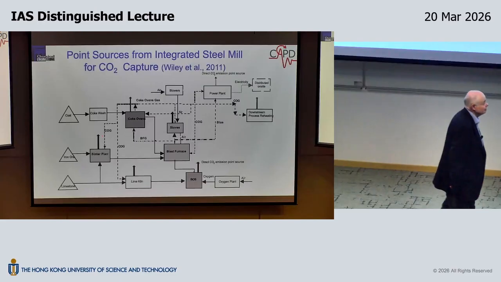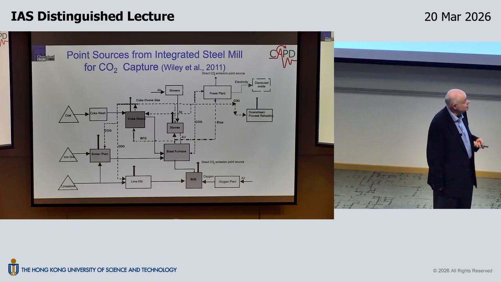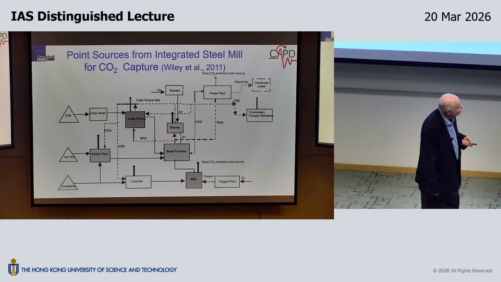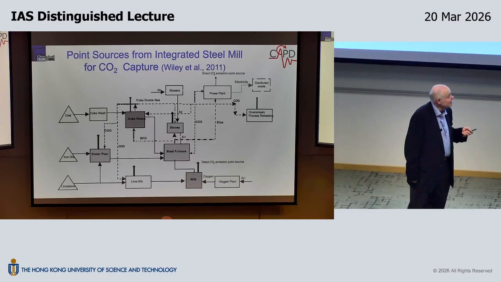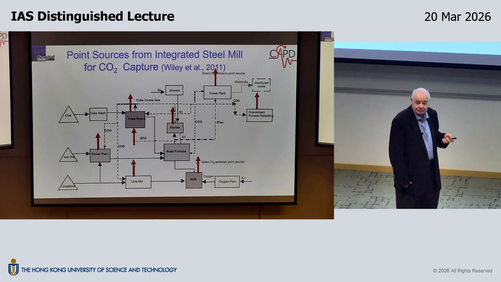Okay, so that's the problem. There's the steel furnace, and we've got 8 streams here that are high concentration CO2 that we want to take care of. With these 8 streams, I'm going to send them to some of these plants to do carbon capture. Which ones do I send, and where do I put them?